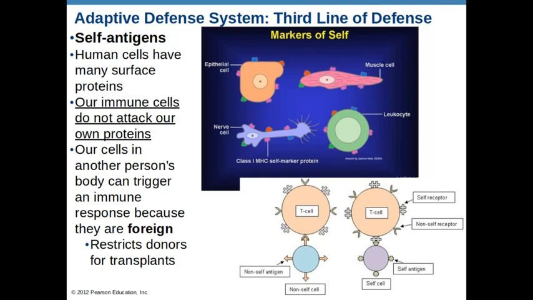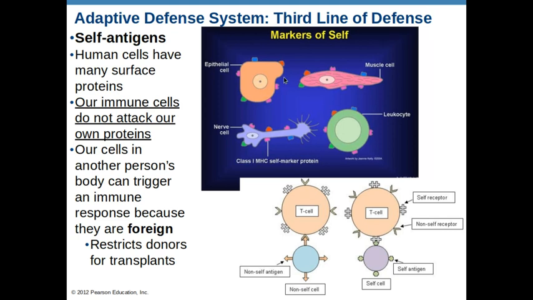Your body is really smart in identifying because it's been trained to recognize what is you, and we call that self antigens. Your body learns through the maturing of your T cells and your B cells. It learns what is self and what is not. On all of our cells we have these cell membrane features, so to speak, okay?